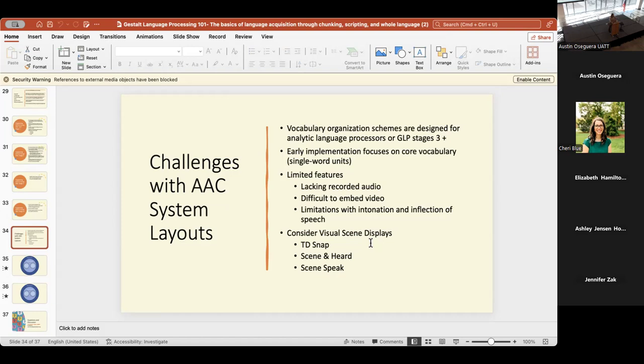So it's even more in context than just a picture of a bathroom. Or you can have the visual scenes be pictures of the child's classroom, so it really contextualizes the vocabulary.